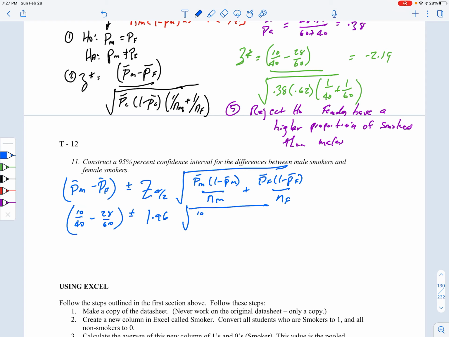And then we're going to have 10 over 40, which is 0.25, times 1 minus that, 30 over 40, over 40, plus 28 over 60 times what would be left over, 32 over 60, and that's all over 60 there. And so that will give us a difference of minus 0.217 plus or minus a margin of error of 0.184.